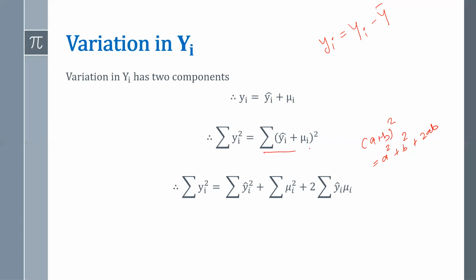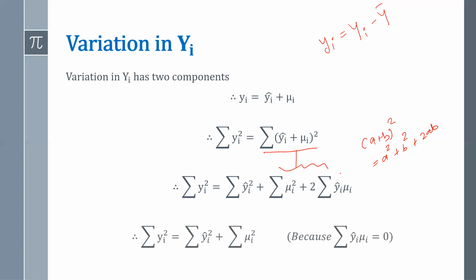Now we know that summation yi hat into mu I is equal to 0. So therefore, summation yi square is equal to summation yi hat square plus summation mu I square. So we have these two terms only here.